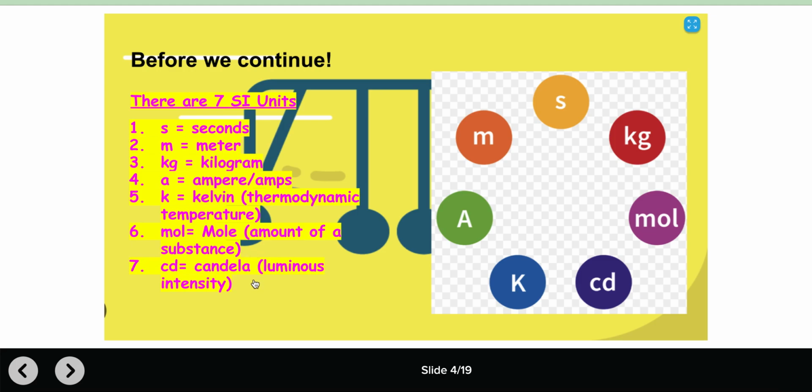And finally, we have candela, which the abbreviation is cd, and all this means is how bright something is, or as you would find on Google, luminous intensity, which just means how bright an object really is. Because we tend to, if I remember correctly, measure light also in lumens. So luminous, lumens, and then candela would be the unit of measure.